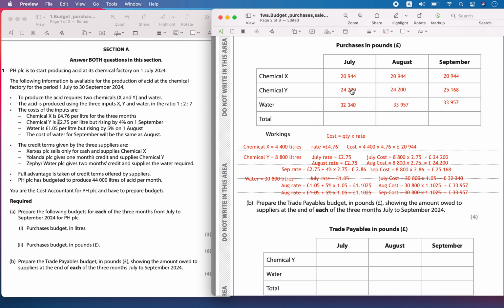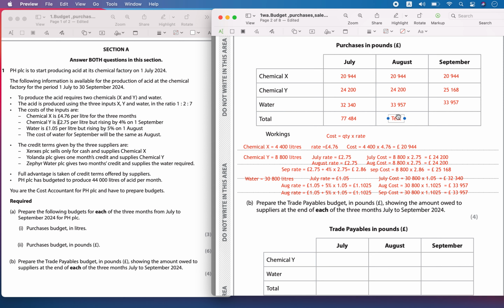Now let's calculate the total. So 20,944 plus 24,200 plus 32,340 is going to be equal to 77,484. Then let's add up these: 20,944 plus 24,200 plus 33,957.